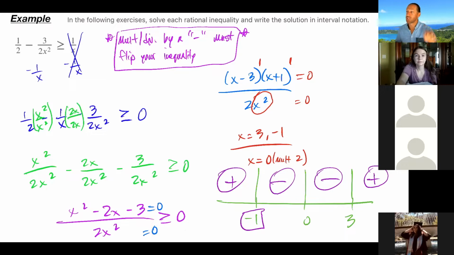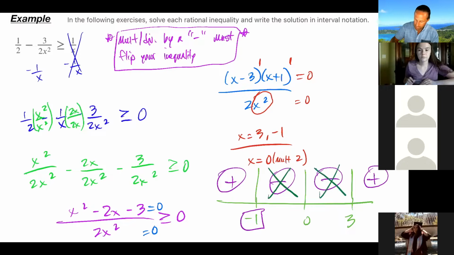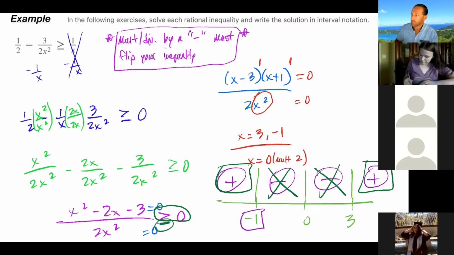Okay, not just greater than 0 this time, Jenny. It's like Brian mentioned last time. Or equal to. Good. Now that matters, and I have to make a note of this for you all. But we definitely know we're going to toss out all of the negative things. We're just going to keep the positive ones for sure, because that's the greater than 0 part. But don't leave out the equal to.